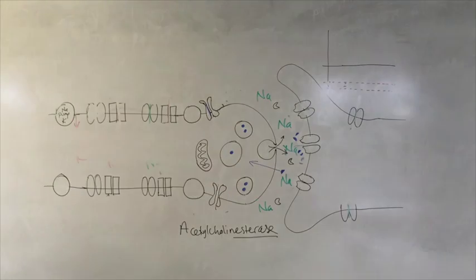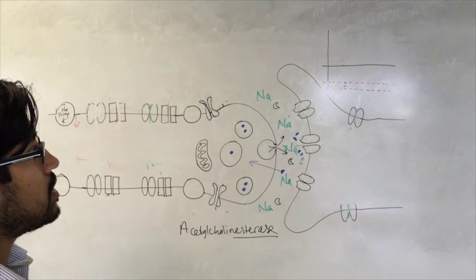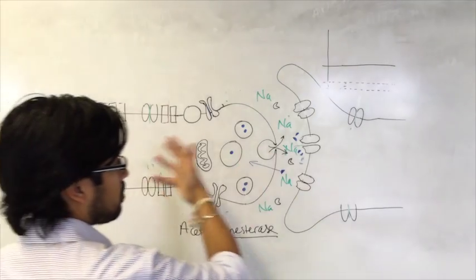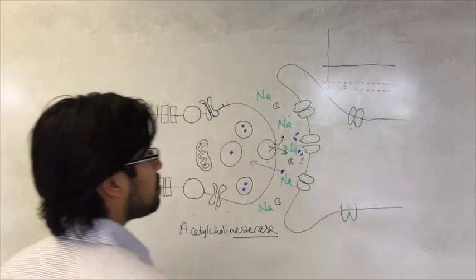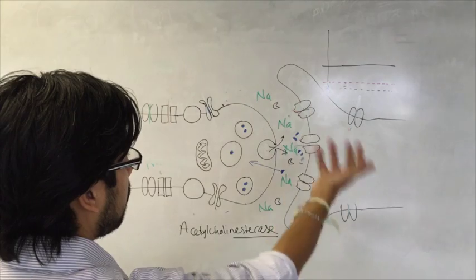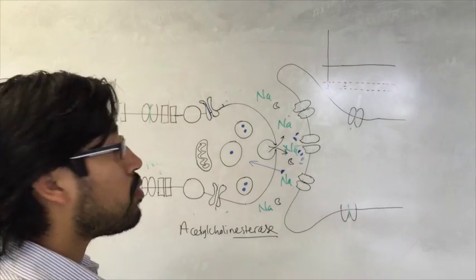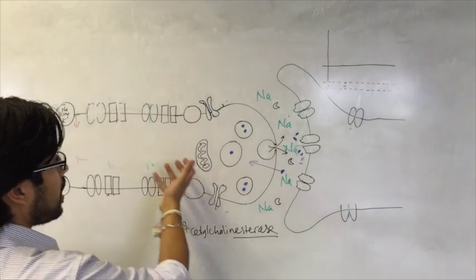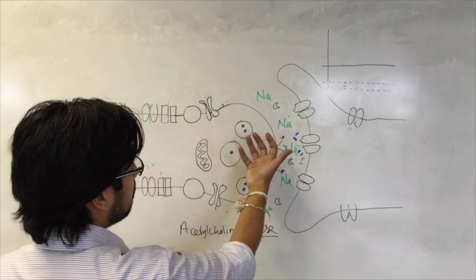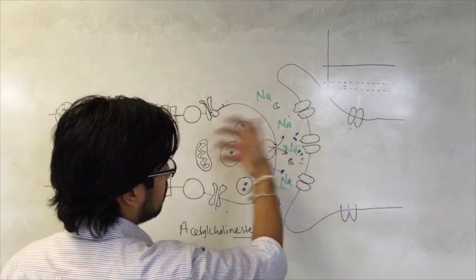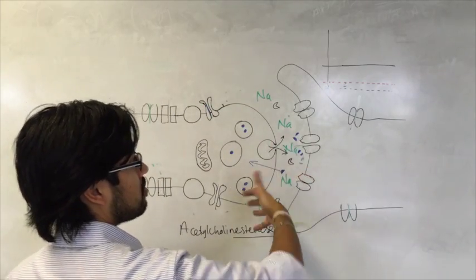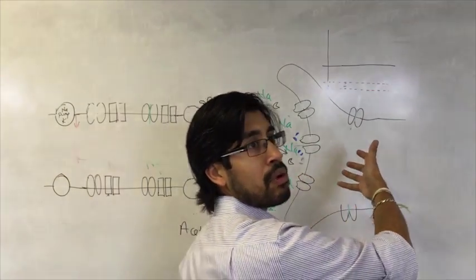Next we'll talk about the strength of the signal needed to start an action potential in the postsynaptic neuron. Okay? It might not always be the case that one action potential comes along, acetylcholine is released into the synaptic cleft, and an action potential is started in the postsynaptic neuron.